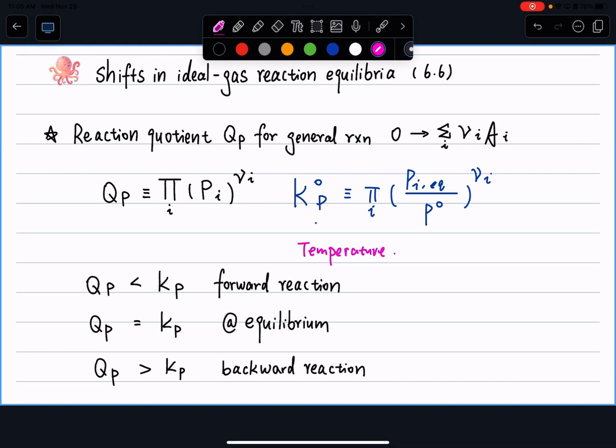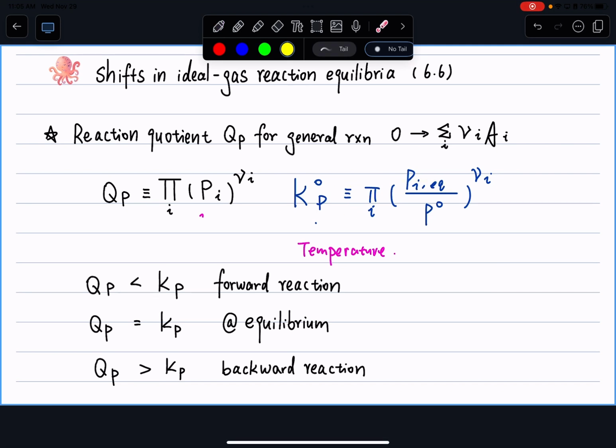So when we're looking at a scenario where the temperature is not changing, you have the isothermal change of pressure or volume. What we're looking at is how your reaction quotient is changing with respect to that, right? But if we're keeping our pressure or volume constant and changing the temperature, then we're talking about how your equilibrium constant is going to shift.